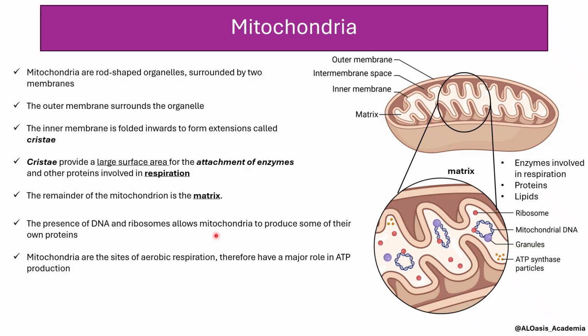So here is an important point. The fact that the mitochondria has a DNA of its own, although it's a circular DNA, and ribosomes, as we can see there, allows the mitochondria to produce some, not all, but some of their own proteins.